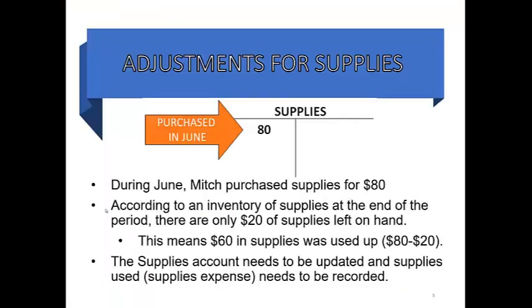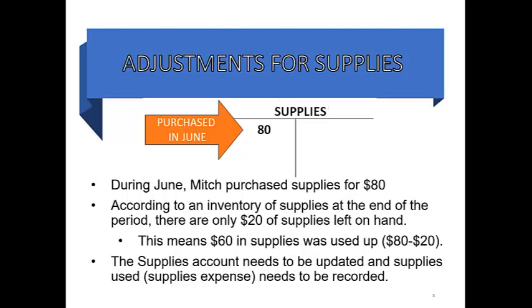The first adjusting entry that we'll look at is for supplies. This example says during June, Mitch purchased supplies for $80. And if you recall, when we record the purchase of supplies, we debit supplies and credit cash. So we have this $80 in the supplies account, which is an asset.